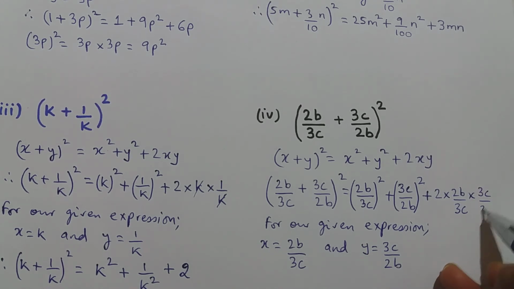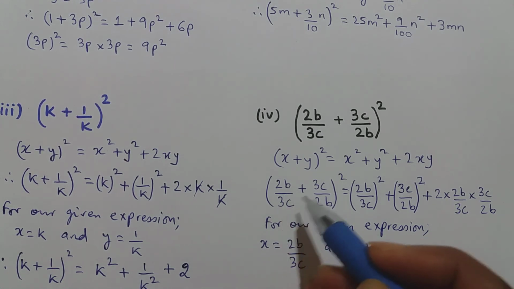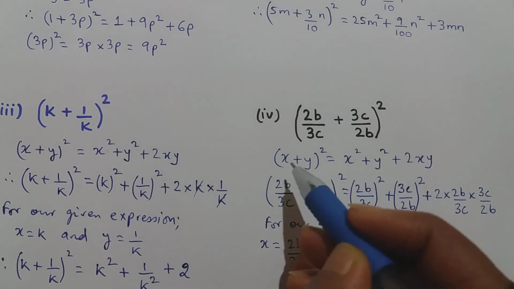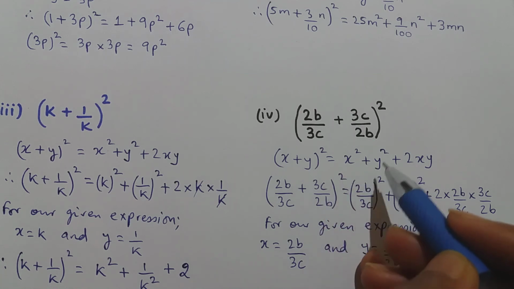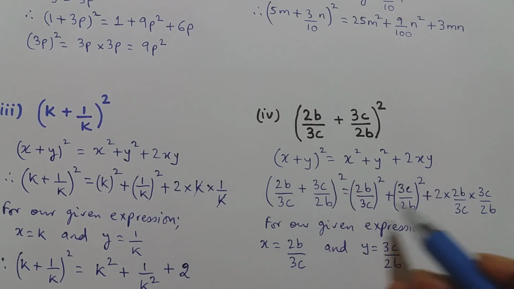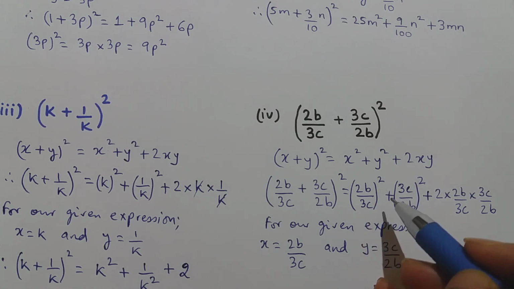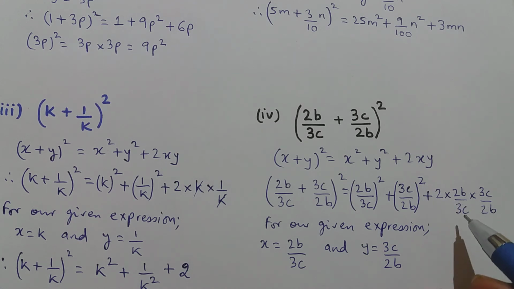So when I expand the expression 2b upon 3c plus 3c upon 2b whole square using the algebraic identity x plus y whole square equals x square plus y square plus 2xy, I get 2b upon 3c whole square plus 3c upon 2b whole square plus 2 into 2b upon 3c into 3c upon 2b.